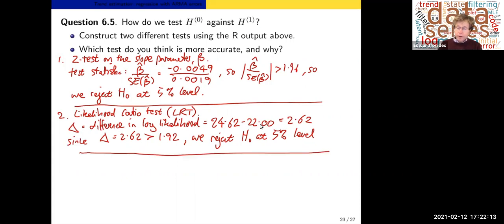Okay, so which test do we think is more accurate and why? Well, we saw in the previous chapter that the Fisher standard error can be unreliable, actually very much for these data.